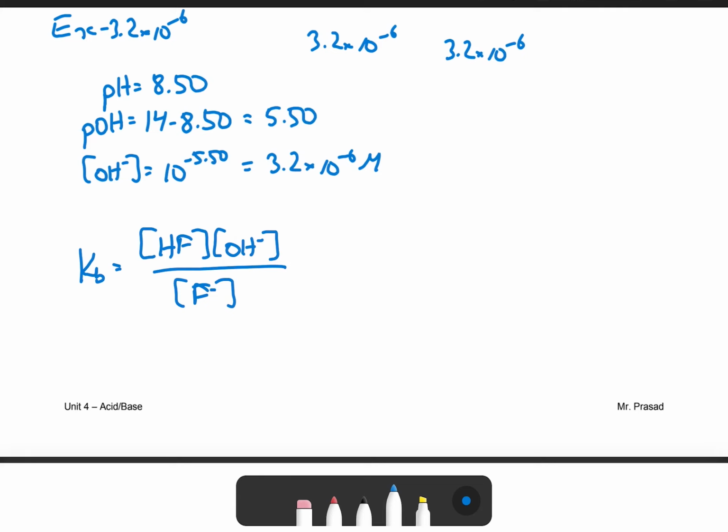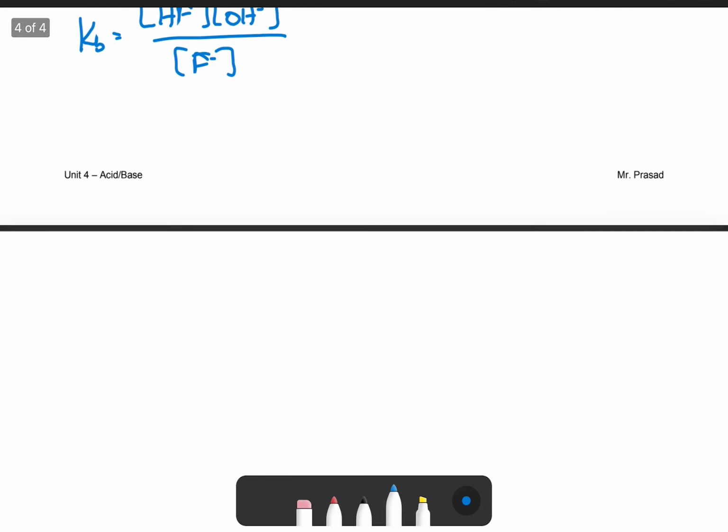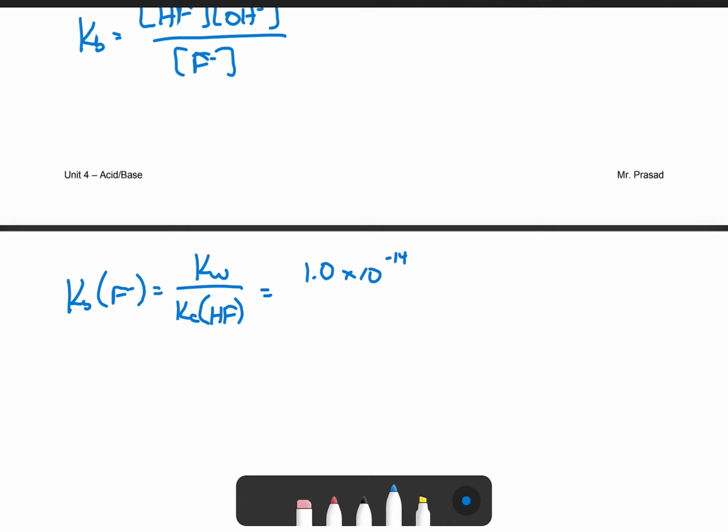We'll need to solve for the Kb for F minus, which is not given on our table, which will be equal to the Kw divided by the Ka for the conjugate acid HF. Kw, 1.0 times 10 to the negative 14. The Ka for HF is 3.5 times 10 to the negative 4. We can find that on our Bronsted-Lowry acid base table. This works out to 2.9 times 10 to the negative 11.